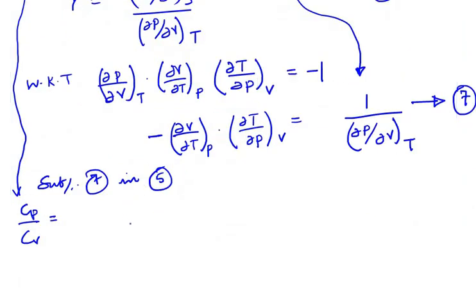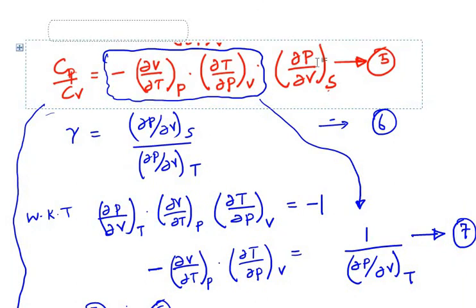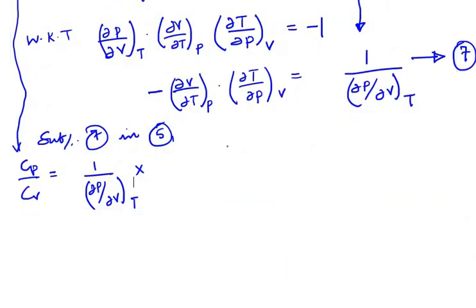So Cp by Cv is equal to 1 by dou P by dou V at constant temperature into the remaining dou P by dou V at constant entropy. This you take as equation 8.